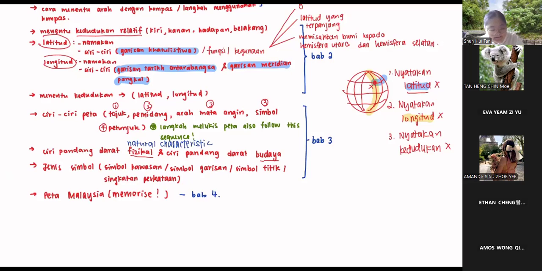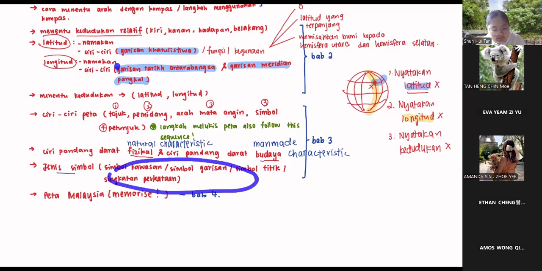Budaya means man-made characteristics. Sometimes they may also ask you about symbols, and symbols are split into four types: kawasan, garisan, titik, perkataan. This one I highlighted but didn't detail, don't worry, the answer is actually in your short notes.